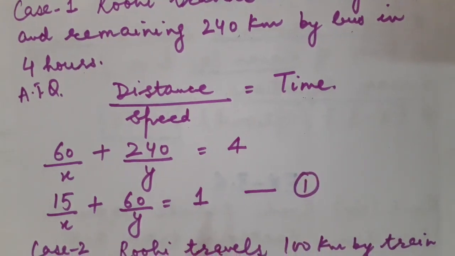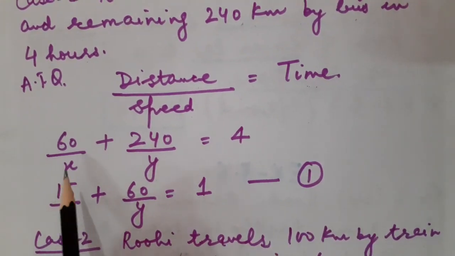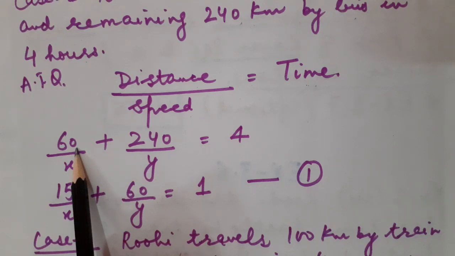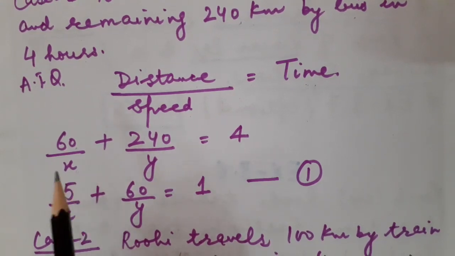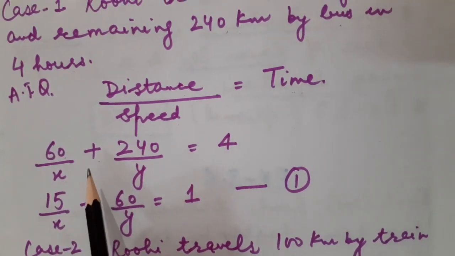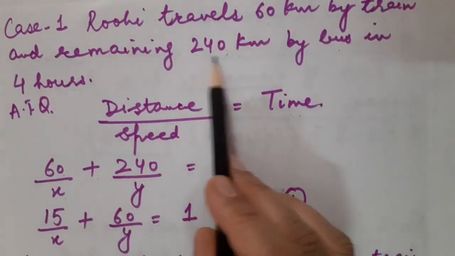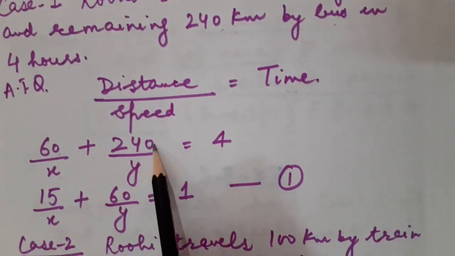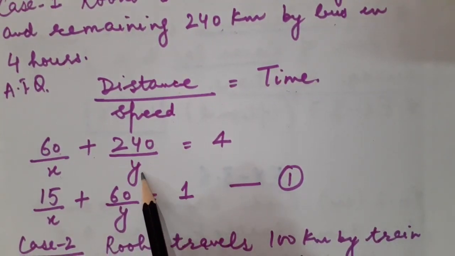Fine. So, in case 1, 60 km is covered by a train. So that definitely 60 upon x. What is x? x is the speed of the train. So 60 upon x will give you the time, plus how much is the remaining distance? That is 240 km. 240 km is covered with which speed?